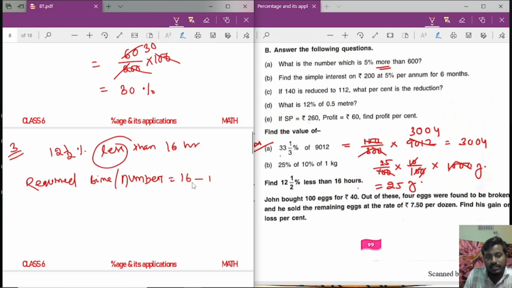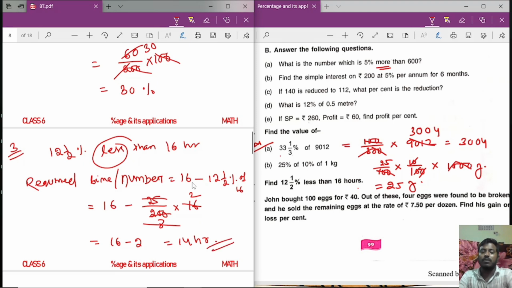So how many percent? That is 12 whole 1 by 2 percentage of 16 hours. Now cancel, solve. 12 2s are 24, 1, 25 divided by 200, "of" means into 16. 25 8s are 200, 8 2s are 16. So 16 minus 2 equals 14 hours.